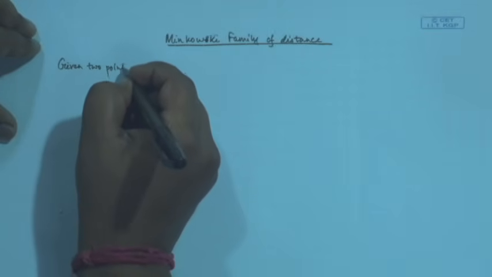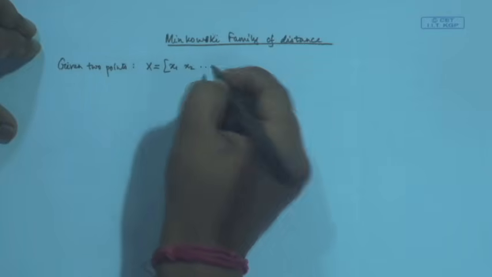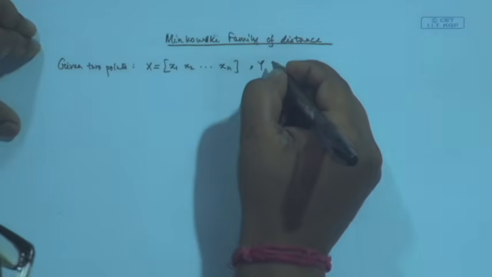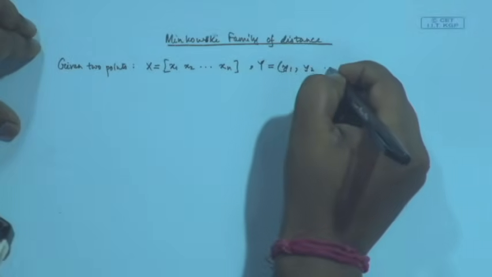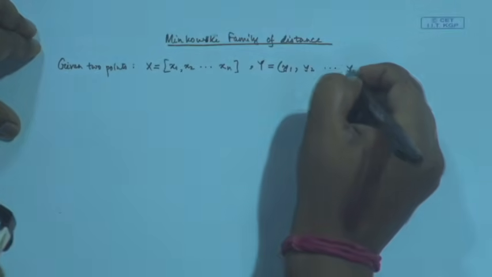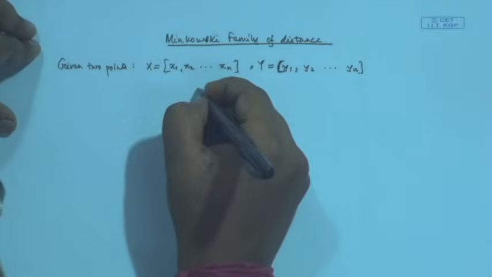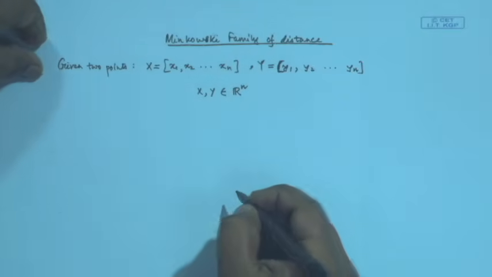So the Minkowski distance between two points. Say we are given two points, x, which we write as x1, x2 till xn, and y, which is y1, y2 till yn. So these are two points, and both x and y belong to R to the power n, the n-dimensional real space.